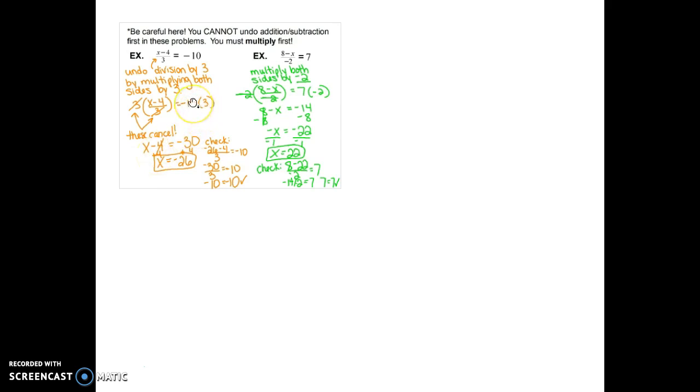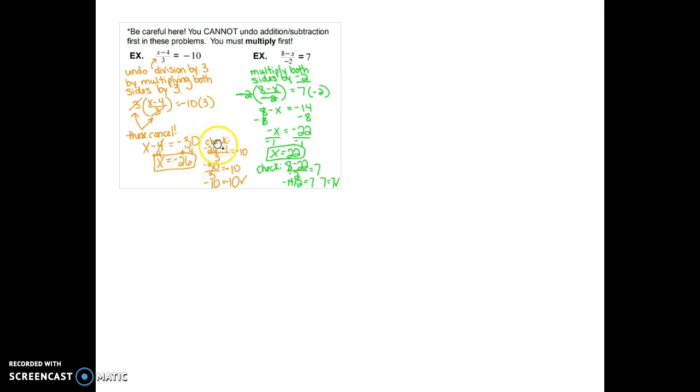Then on my right side, negative 10 times 3 is equal to a negative 30. Okay. Now we're down to our final step. I have x minus 4 equals negative 30. So if I'm going to undo this subtraction, I need to add 4 to both sides. So when I add 4, I'm left with just an x on my left side. Negative 30 plus 4 is a negative 26.